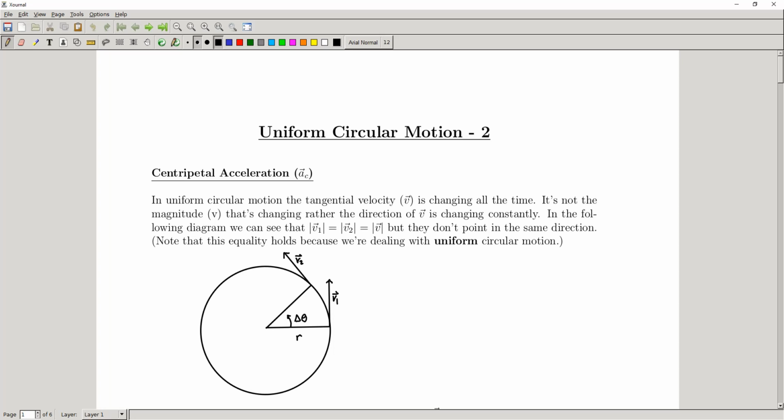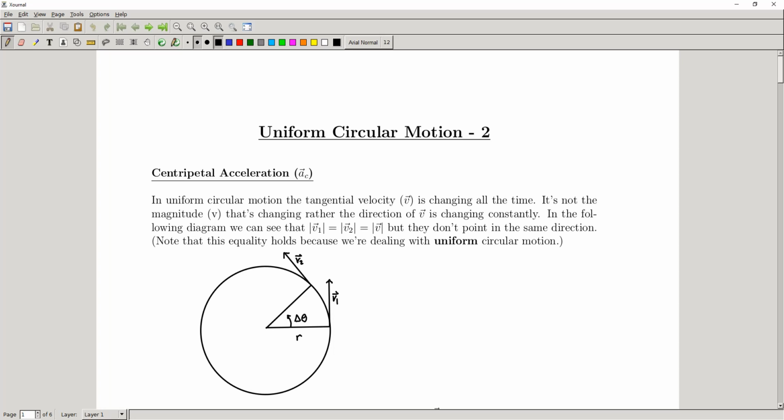Okay, and so what are we talking about when we're talking about centripetal acceleration? Well, let's think about what's happening as something has uniform circular motion, as some object is moving through a circular path here. Our velocity is changing all the time as it's moving like this.